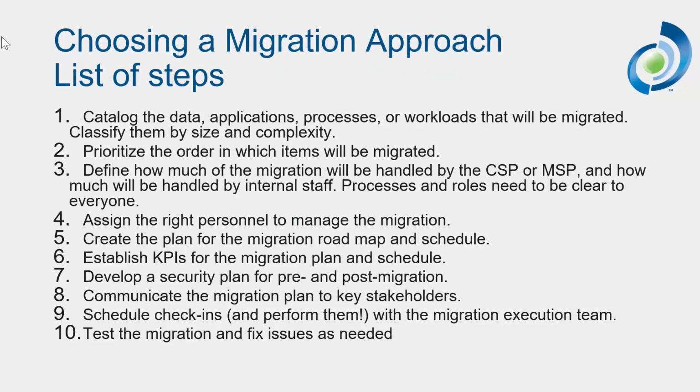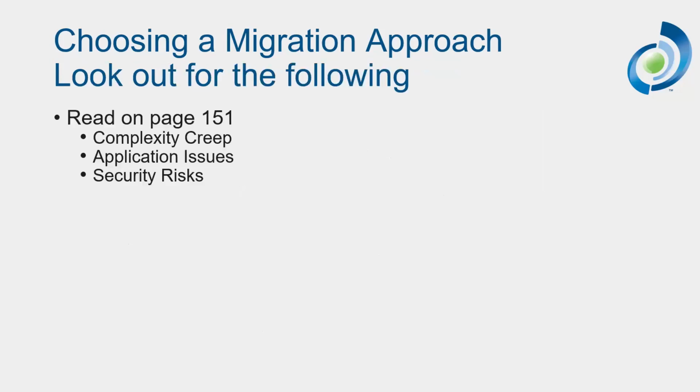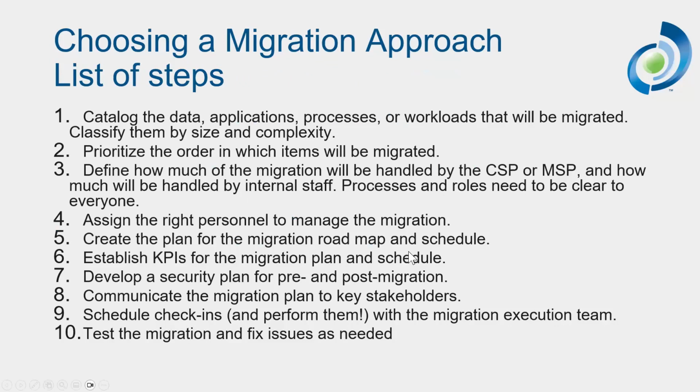All right, and then here we have a list of steps for choosing a migration approach. And keep in mind, these aren't 100%, but it's a good list and it's a great place to get started. So we'll start with number one, catalog the data, applications, processes, or workloads to be migrated.